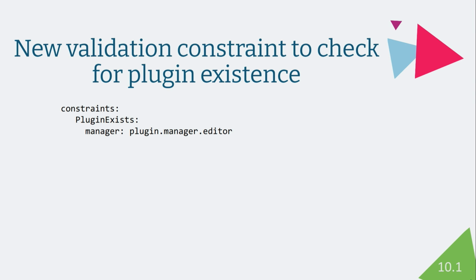And this is where Drupal 10.1, so we're skipping ahead a big jump of time again. We're actually adding a new constraint, our second constraint, the plugin exists constraint. This is, as the name suggests, a constraint that checks if a plugin exists in your system.